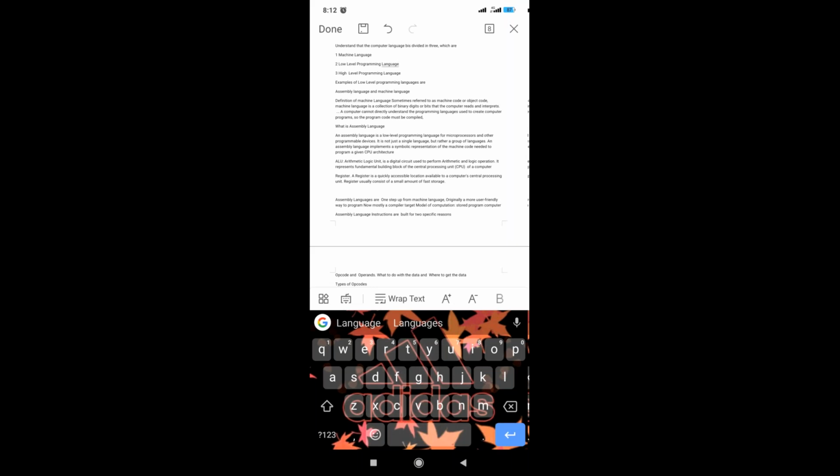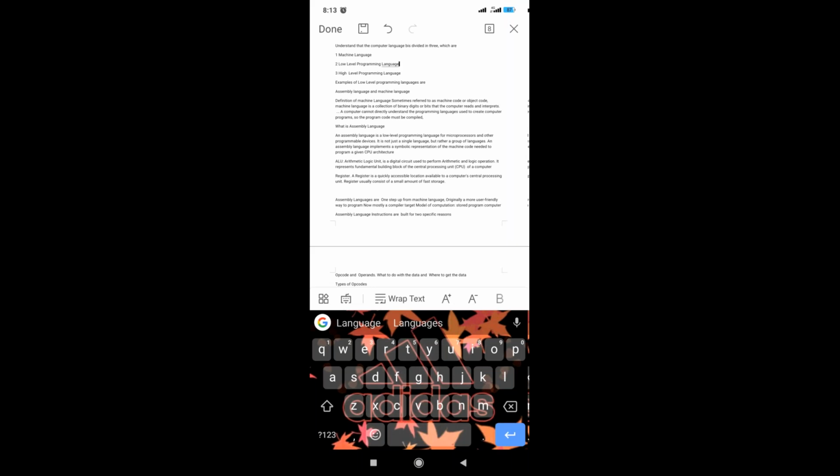Then the third thing is that it is not just a single language, but rather a group of languages. Those are the three things which, for now, you have to take note of for assembly language.